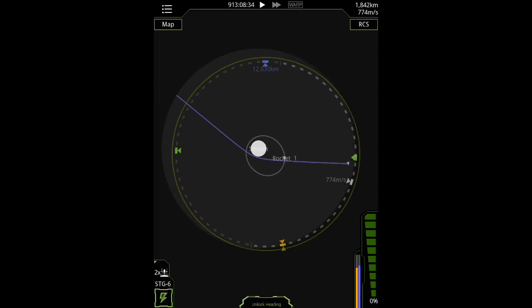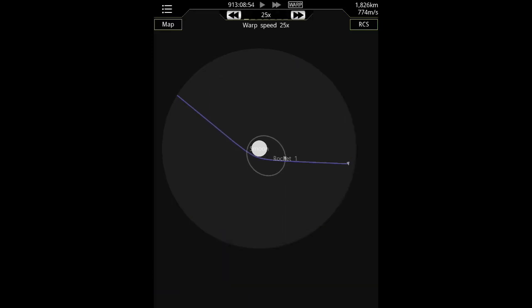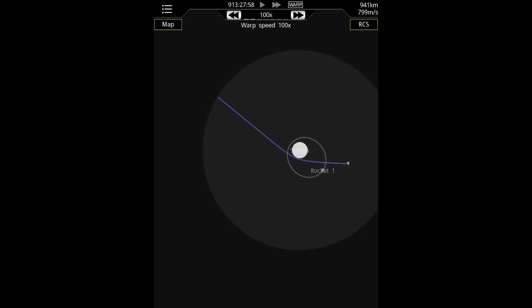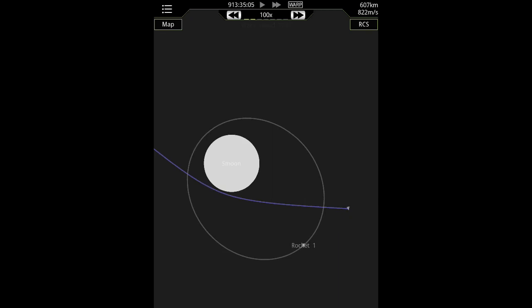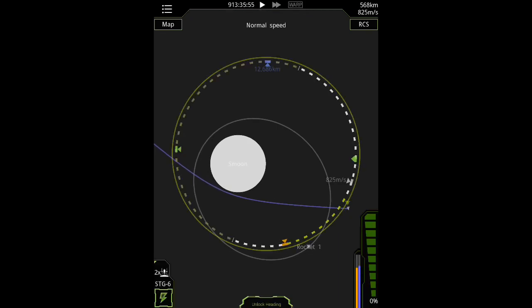This probably looks like a hyperbolic, maybe. It also might be a parabolic. But if we speed up towards that kind of center area of that orbit, and then do a retrograde burn, and retrograde just means the opposite of prograde, this is going to decrease our velocity.